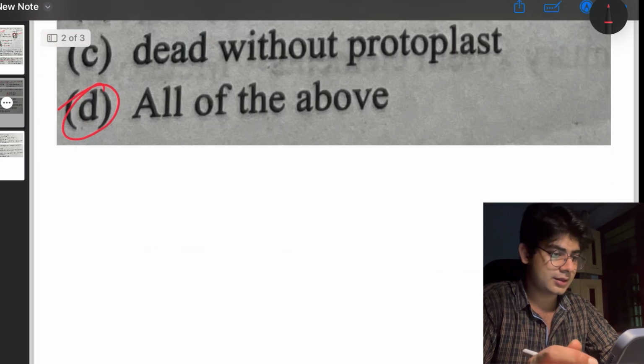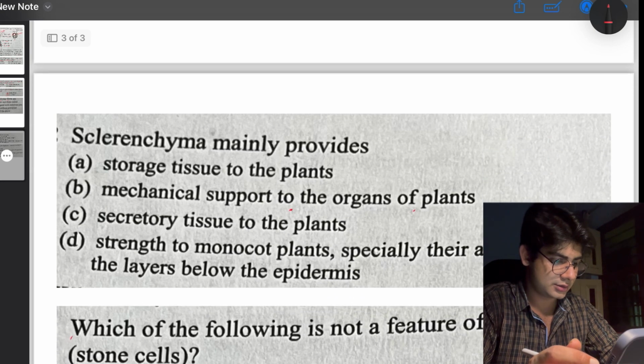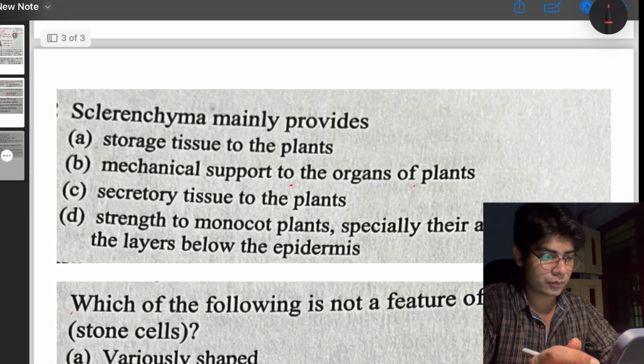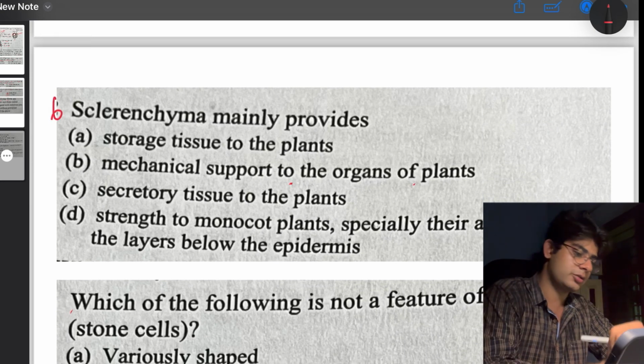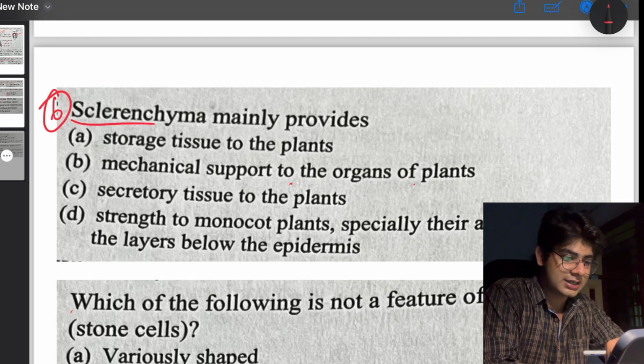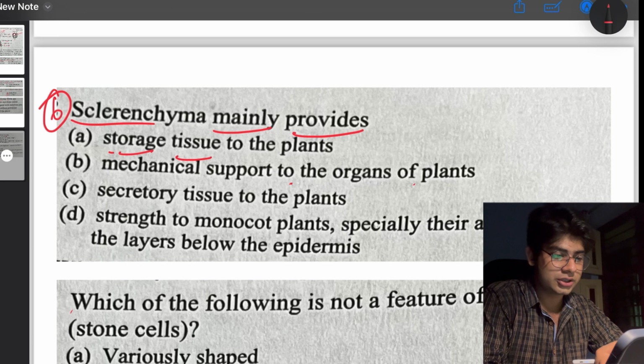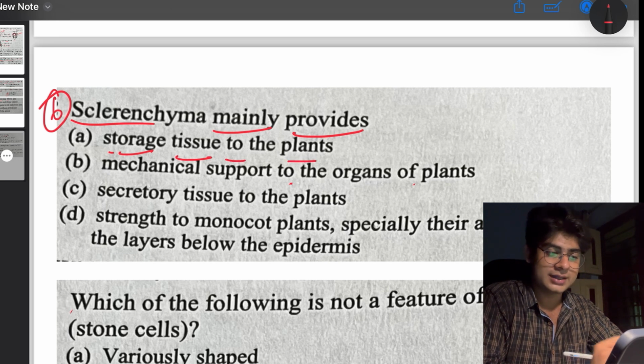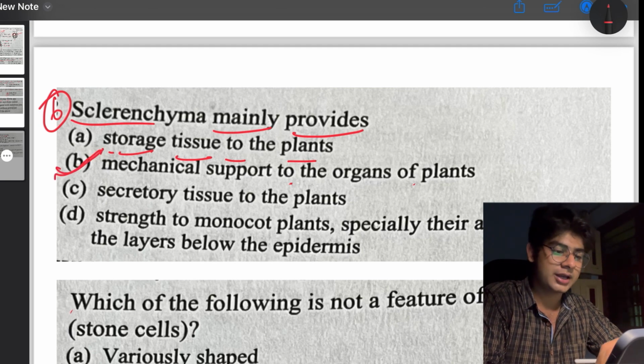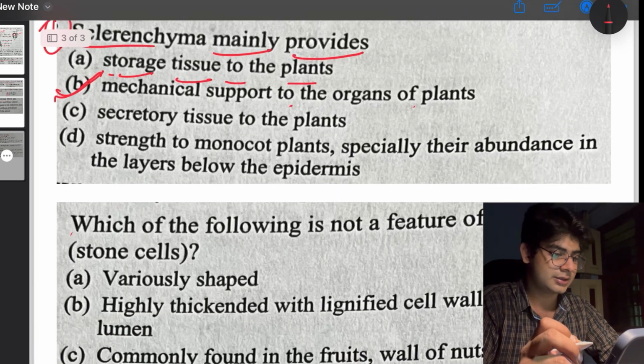Okay. Now we have question number 6. Sclerenchyma mainly provides storage tissue to the plants, mechanical support to the organs of the plants. I think you don't have to read the other options. I think option B will be correct. Mechanical support to the organs of the plants. Okay.